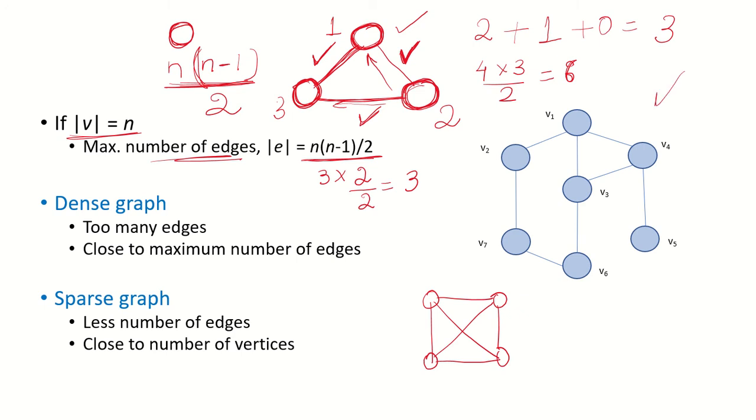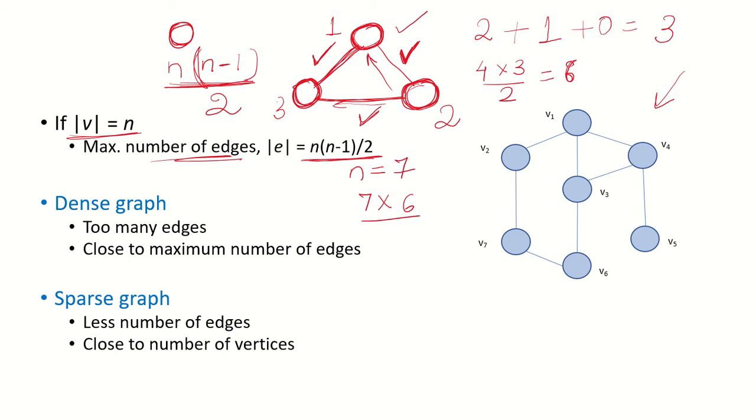In this graph, if you see, there are only 8 edges, but the maximum number of edges that would have been possible, since there are 7 vertices, n is equal to 7 over here, would have been 7 into 6 divided by 2, which is 21. 21 edges were the ones which were possible.